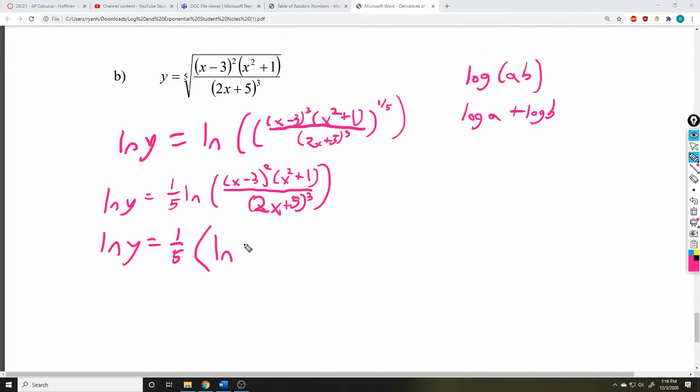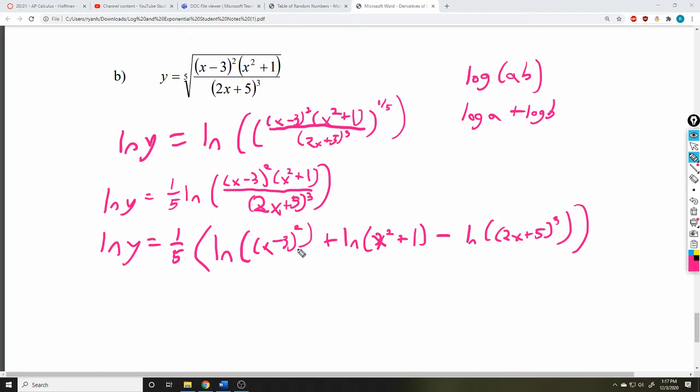So that's going to give us the natural log of x minus 3 squared plus the natural log of x squared plus 1. And then since we have a division, we're going to have a minus the natural log of 2x plus 5 cubed. Good news!